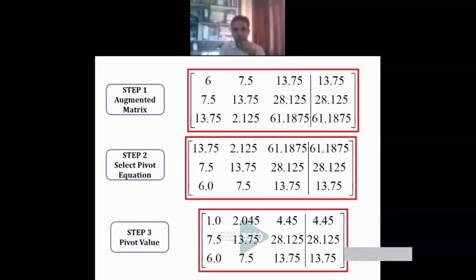This row has to be interchanged, so we interchange the third row and the first row, and we can have them in descending order, maximum x here, then here, then here. Now the pivot value is 13.75. I'm dividing the entire first row by 13.75, so we convert it to 1.